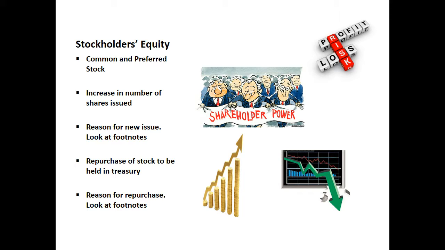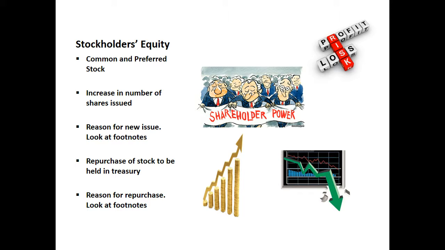Alright, so then we come to stockholders' equity. There are 2 types of stock, common and preferred. It's not something we're going to get into right now, but in the course we will talk about the differences between common and preferred stock.